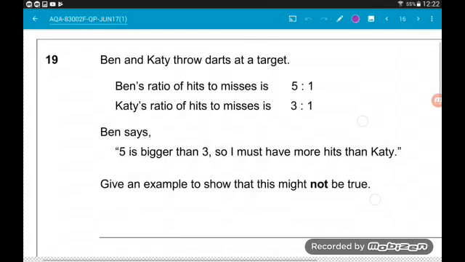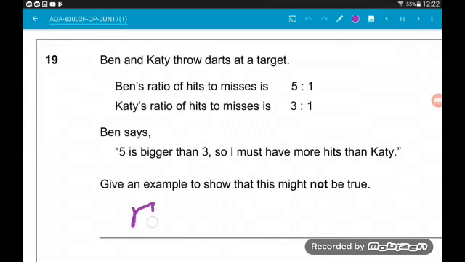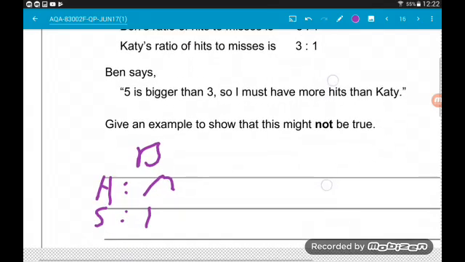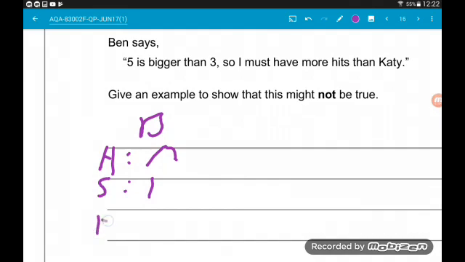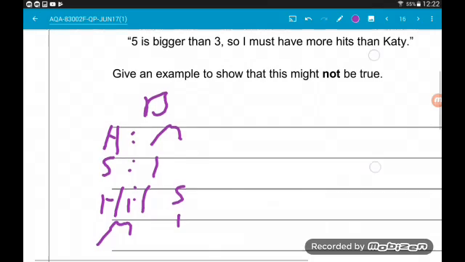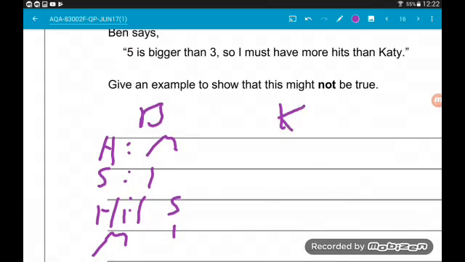So let's say Ben did hit and miss 5-1. So he literally did hit 5 times and he missed 1. Well, for Katie, she might not have just thrown 4 darts. So she might not just have hit 3 times and missed 1 time. Her ratio might be simplified.